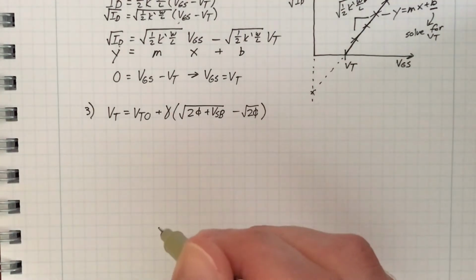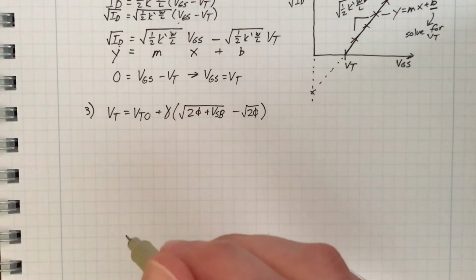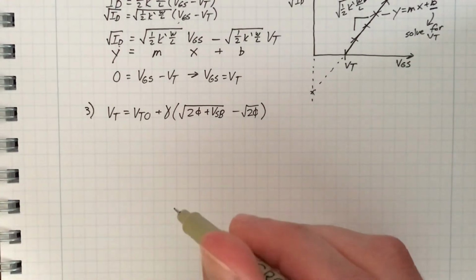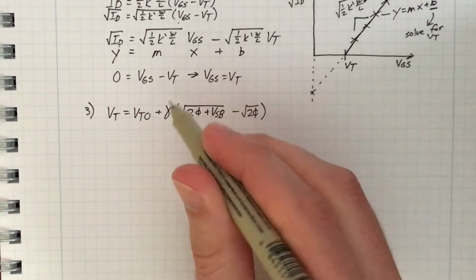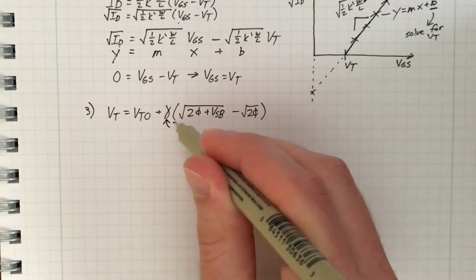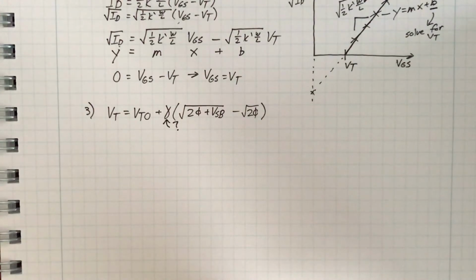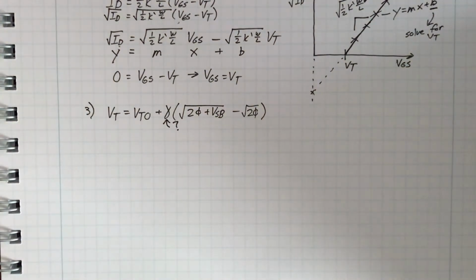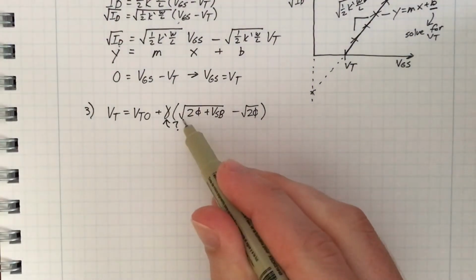It should look familiar maybe, if you look back in your notes or at the text. And so with this part of the lab, we're trying to figure out what gamma is. We're trying to figure that out from data. And so we're going to plot VT versus all this stuff in parentheses here.